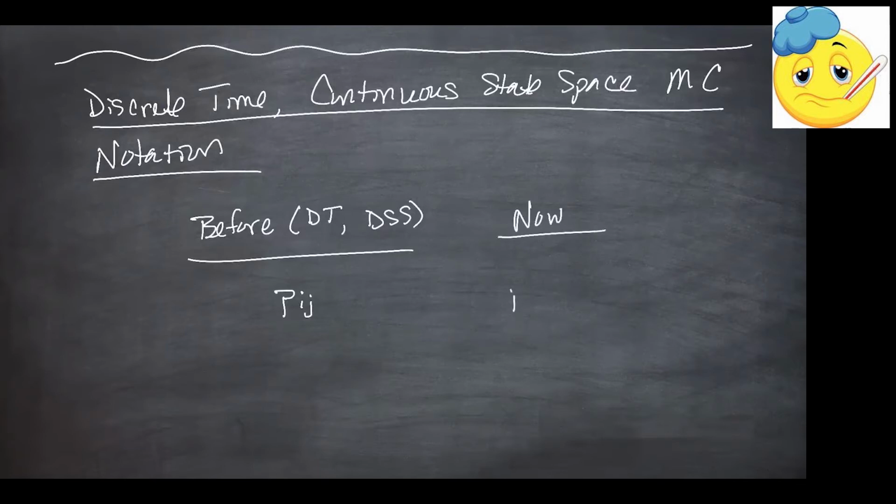And now I'm going to call it P of X comma Y. You can even use I and J, but usually I and J look like discrete things to me, but you could use it. And before we had a pi I, and now we have a pi of X, which is actually a continuous probability density function.